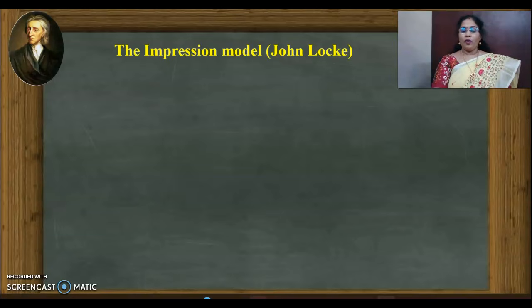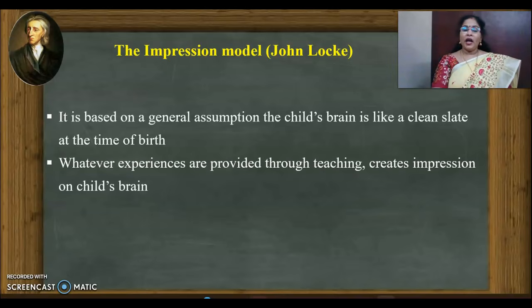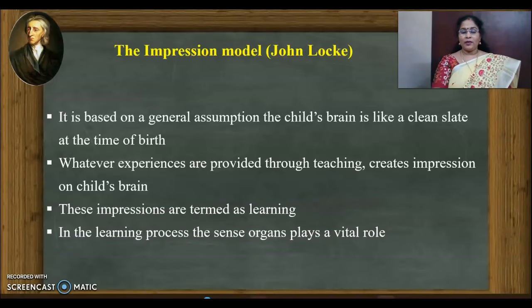Next is John Locke. He has introduced a model called the impression model. It is based on the general assumption of the child's brain being like a clean slate at the time of birth. People have this as a myth that children are born with the brain as a clean slate, and whatever experiences are provided through teaching will create a sort of impression in the children's brain, and these impressions are otherwise called learning.